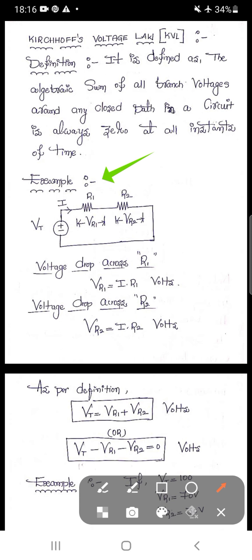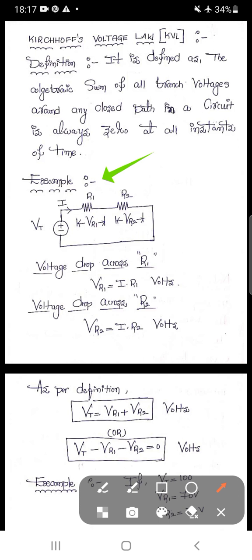In this circuit, R1 and R2 are two resistors connected in series, and there is an applied voltage of Vt. Here Vt represents the total voltage applied to the series R1 and R2 circuit.